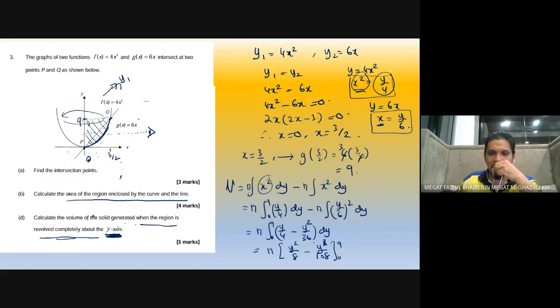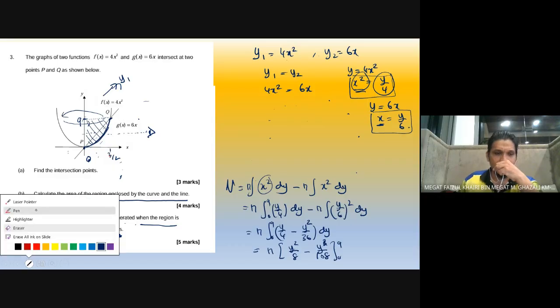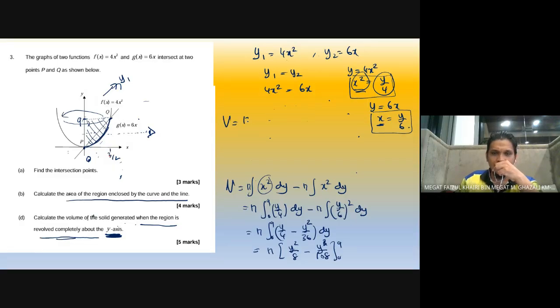Now substitute the value of y, 9, here and here. V equals pi times 9 squared divided by 8 minus 9 cubed divided by 108, minus the substitution of y with 0, which changes nothing, it is 0.